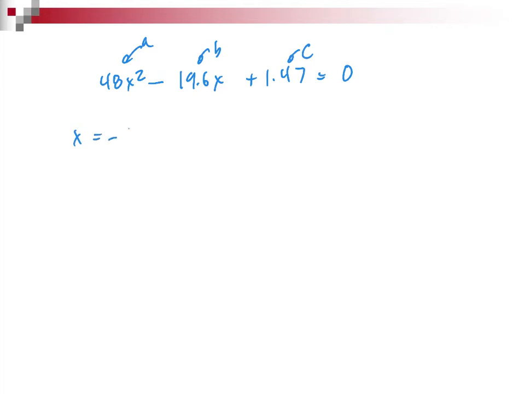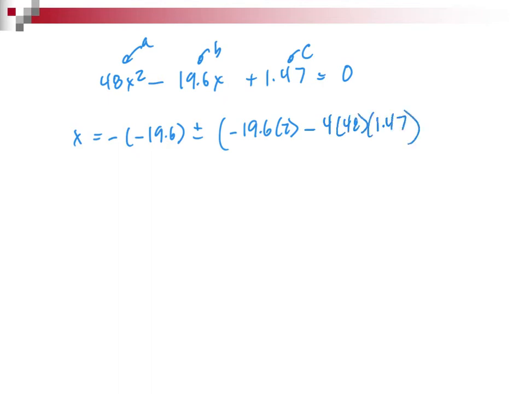X is equal to negative 19.6 plus or minus the square root of 19.6 squared minus 4 times 48 times 1.47, and I need to take the square root. I will divide that total numerator by 2 times 48.0. Again, refer back to the slide to see how I've done the substitution.